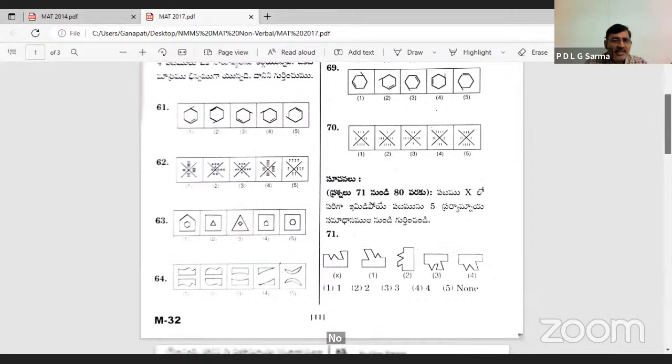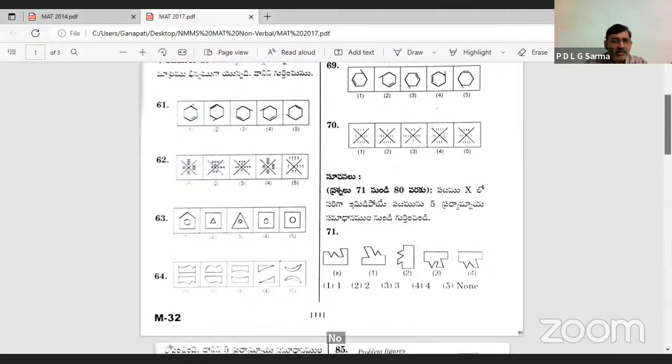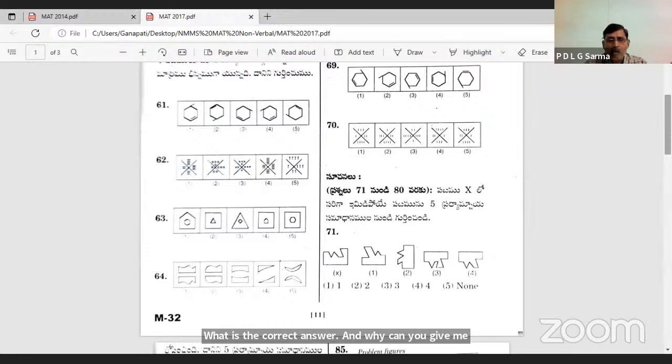Now, can you see that 62nd question? Can you see that? What is the correct answer and why? Can you give me the reason?